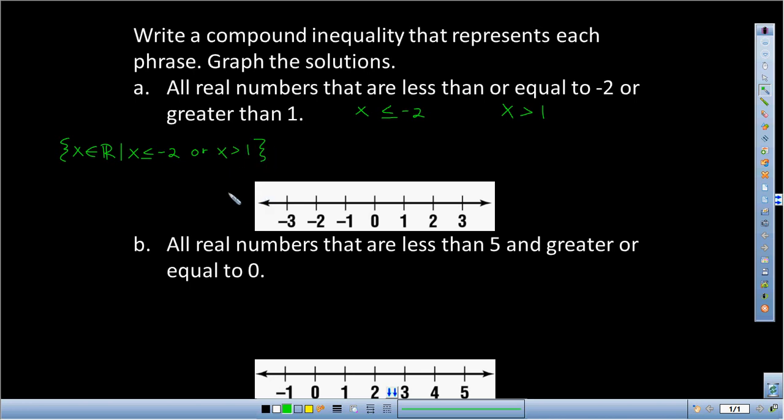So that would be our set builder notation. So we're basically saying that x can be any number in the set of reals as long as it's less than or equal to -2, or it's greater than 1.